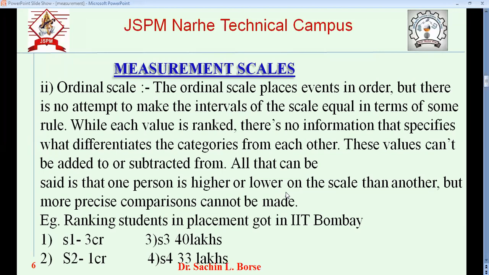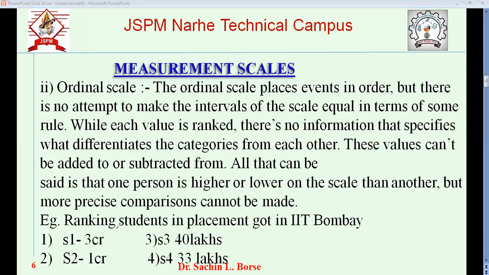Now, while each value is ranked, there is no information that specifies what differentiates one category from another. We only know this person has a higher value, this person has a lower value, this is lower than this value, like this. I have given one example here, arranged in decreasing order rather than increasing order.